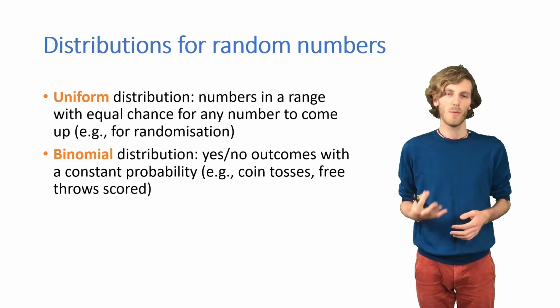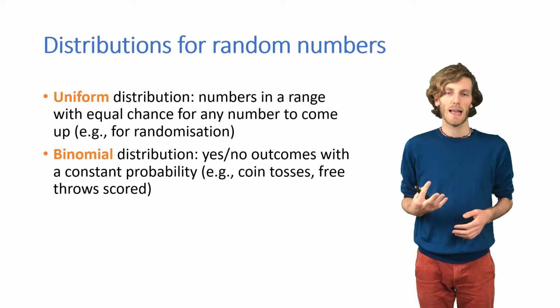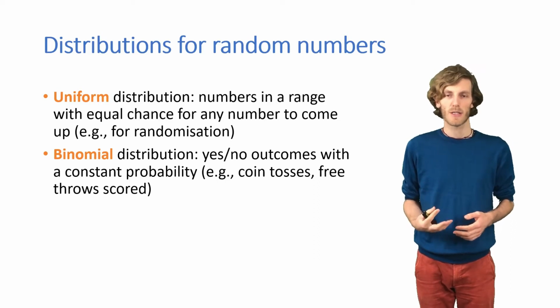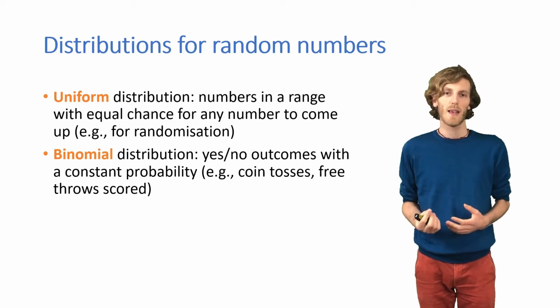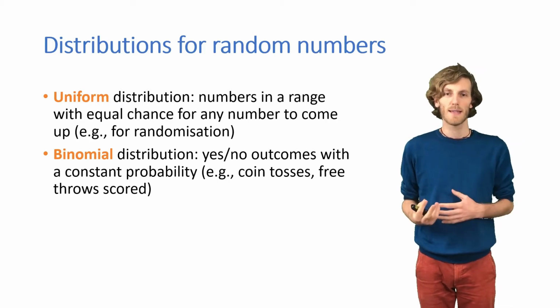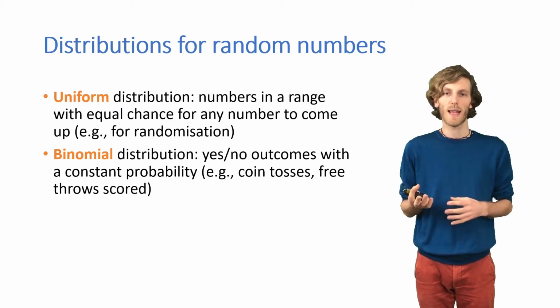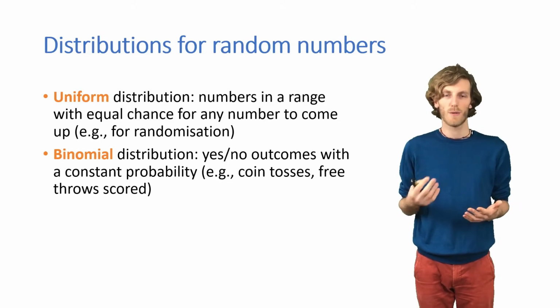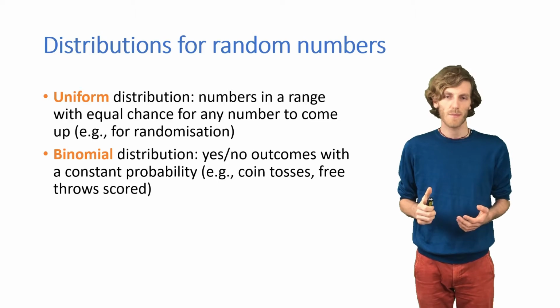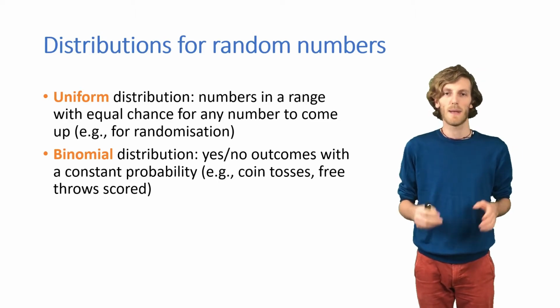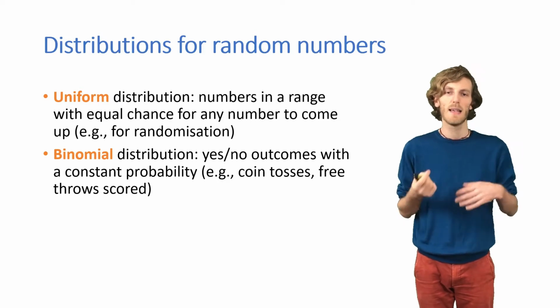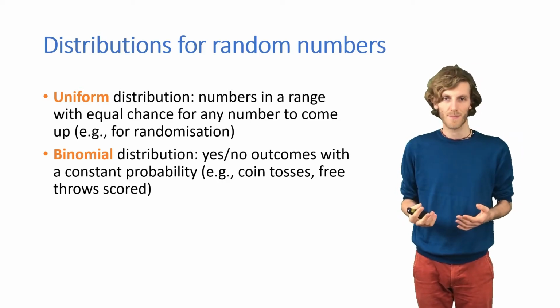So one would be the binomial distribution. And that's basically any distribution that's generated by a process where there is a specific probability for successes and failures. So for example, when we study how to toss a coin, a binomial distribution would help us to establish how many heads and how many tails we should expect.